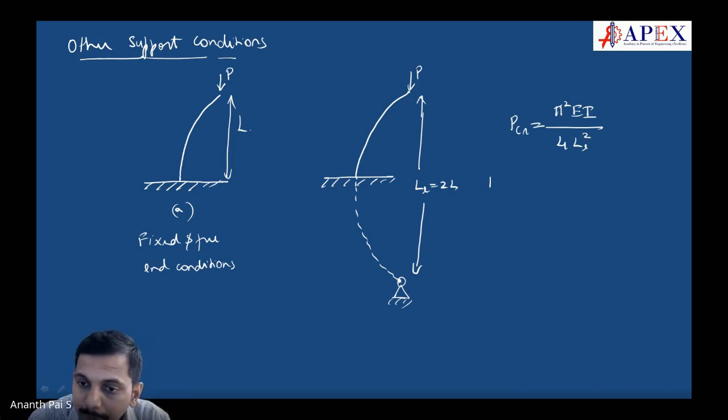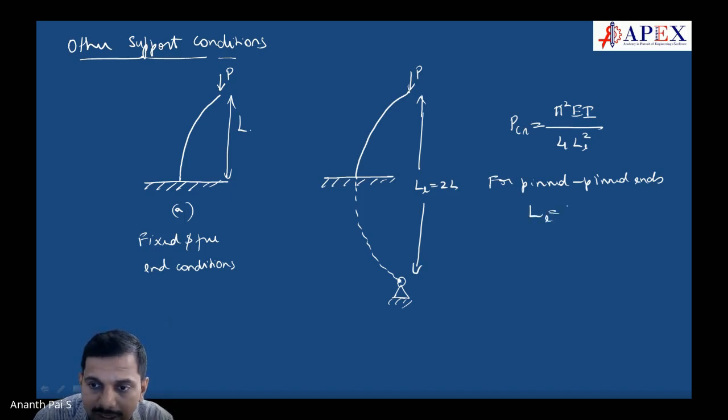So for pinned ends, LE is equal to L. So P critical, the first mode actually, is equal to pi square EI divided by 4.